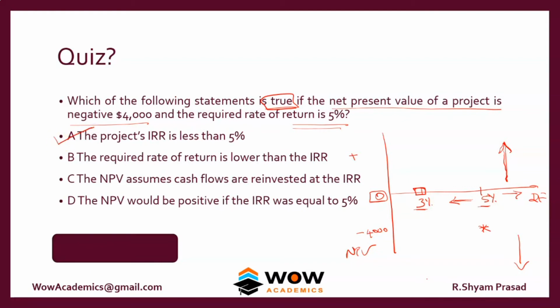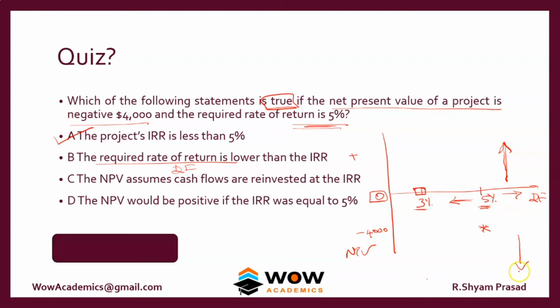Next option: the required rate of return is lower than the IRR. So he's asking, is the discount factor, the required rate of return, which we can also call the discount factor, lower than the IRR? The discount factor is 5%, which is higher.